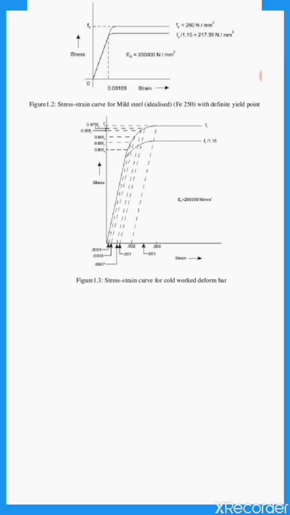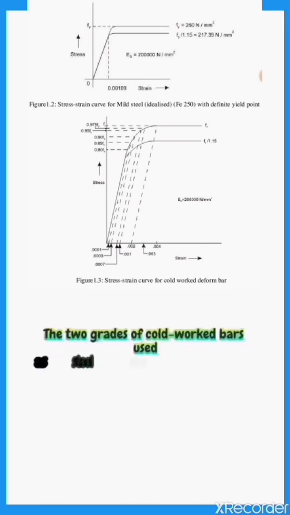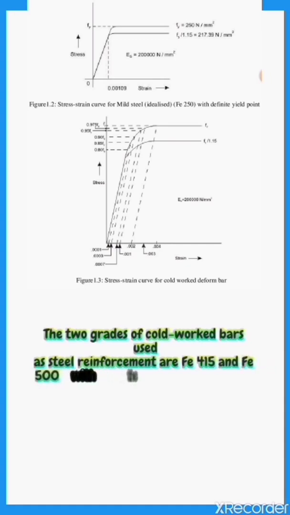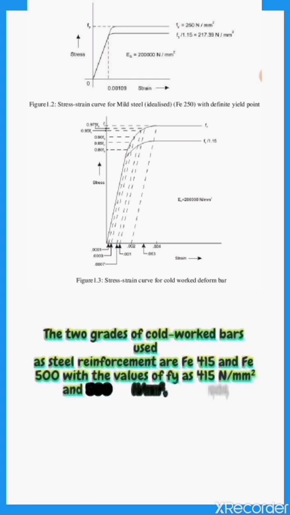The two grades of cold worked bars used as steel reinforcement are Fe 415 and Fe 500, with values of fy as 415 Newton per square millimeter and 500 Newton per square millimeter respectively.